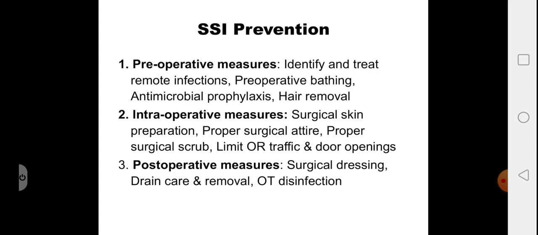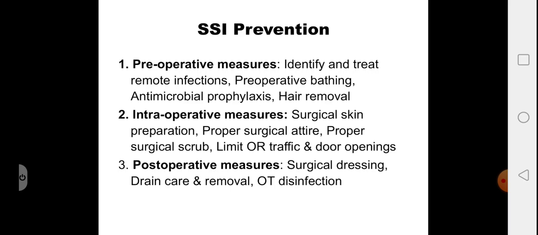Looking into the preventive measures, they can be preoperative, intraoperative, or postoperative. It's a combination of them. Preoperative preventive measures include identifying the comorbidities and treating them, like if he is diabetic, controlling the glucose levels. We have to identify and treat remote infections.